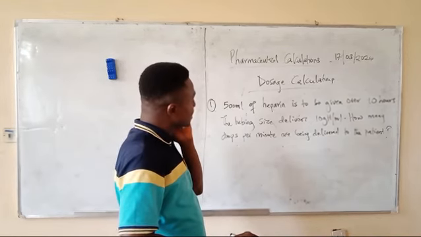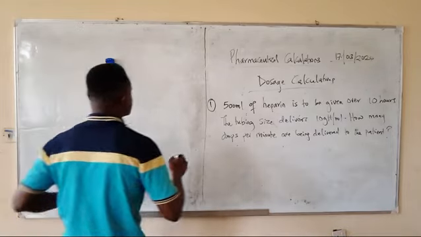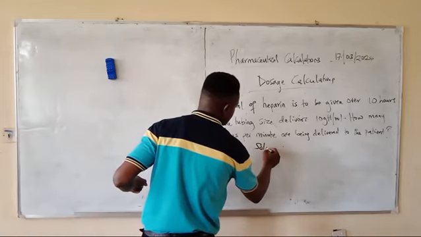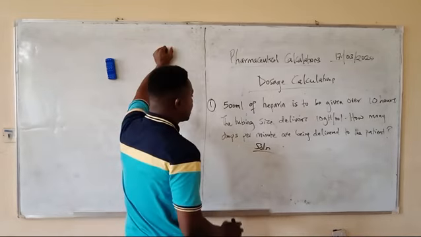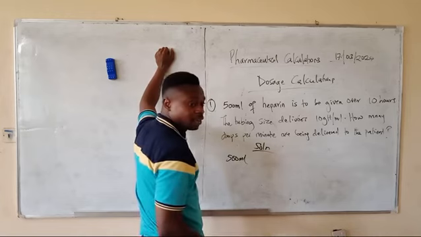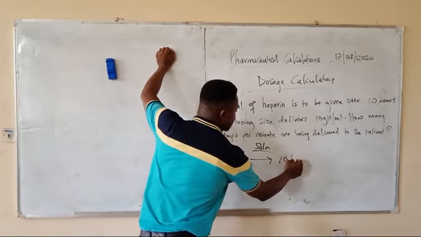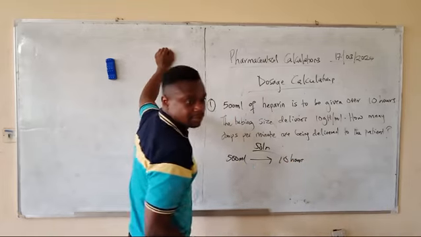Now to calculate this, the first thing you should know is the solution. Note here that 500 ml is delivered over what? 10 hours.